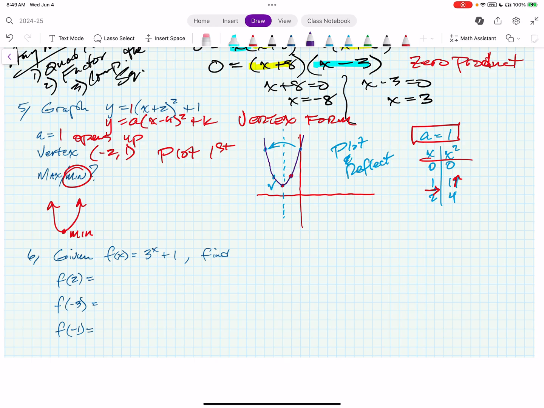If you plot the vertex first, and then you plot the second point right here when you go right 1, up 1. So you always plot the vertex first. And that's how it's done. They're going to give you some vertex form function, the parabola, a quadratic function. You plot the vertex like we normally do by hand, and then you plot the one to the right of it. So you go right 1, up 1, and then the parabola will appear. It's that simple.